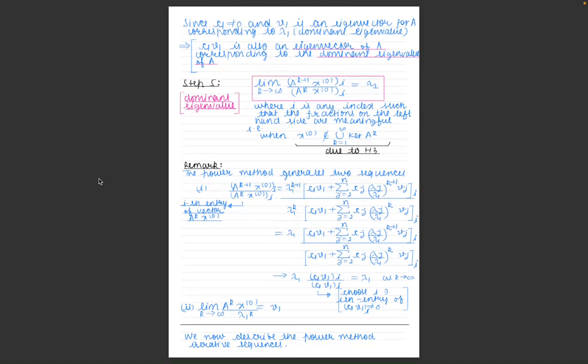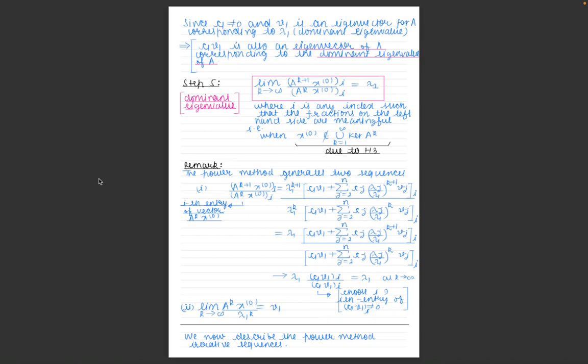So you just choose I such that the ith entry of C1 V1 is non-zero, and this will be true because C1 V1 is a non-zero vector. So then it will be lambda 1 as k goes to infinity.